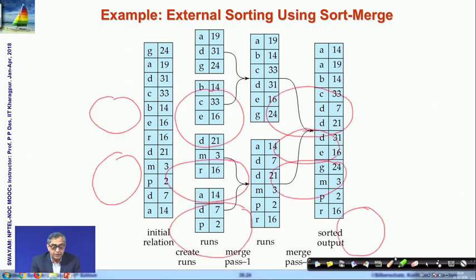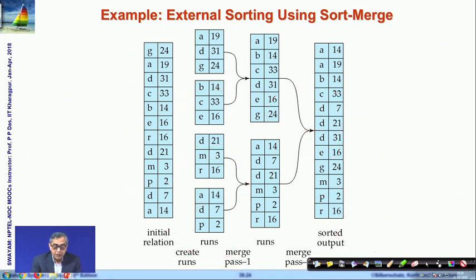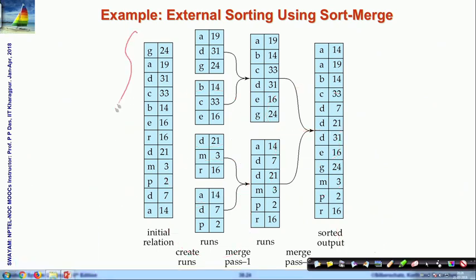Just to illustrate that, suppose this is the initial relation. Certainly we cannot read that whole relation into memory. So, we take different parts, say in groups of 3 just for illustration, and sort them in memory. Take that many records which you can fit into the memory and sort them.